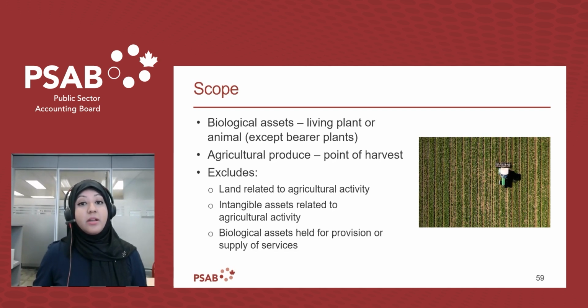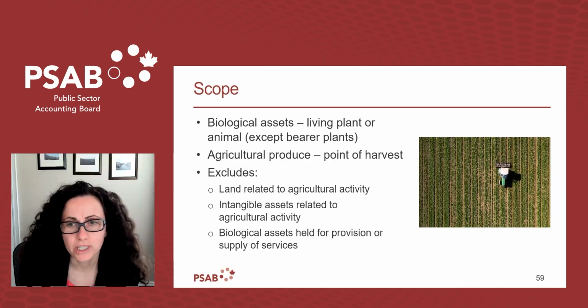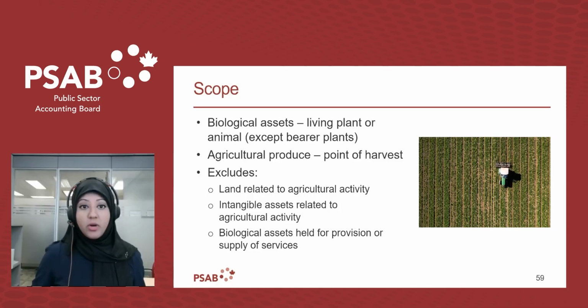IPSAS 27 does not deal with the processing of agriculture produce after harvest and biological assets held for provision or supply of services. And Iman, before you go to the next slide, can you talk a bit more about these two scope exclusions? Sure.